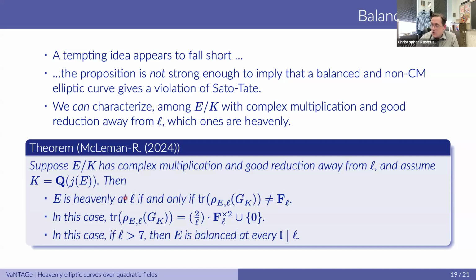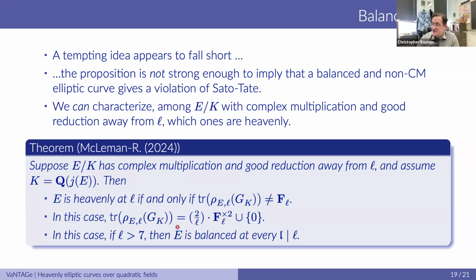This is actually if and only if, under the starting assumptions that E has complex multiplication and that the field of definition is minimal. That is, we have to assume that K is exactly the field Q adjoining the j-invariant of the elliptic curve. The result is actually even more striking than that.